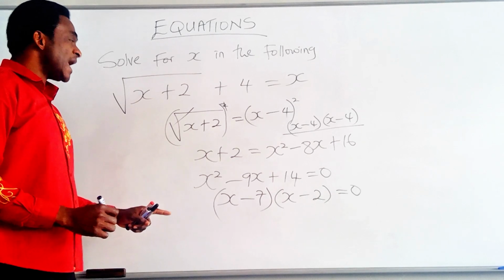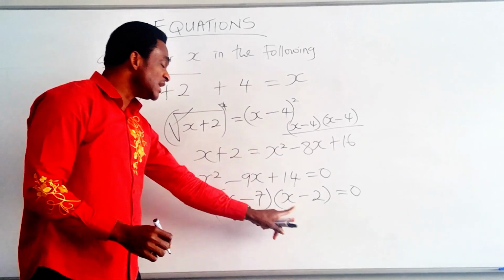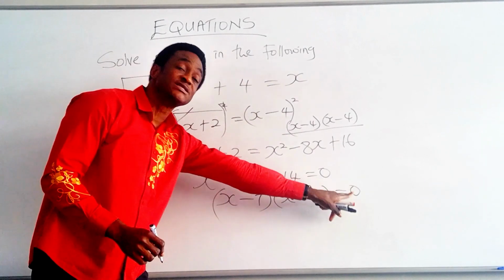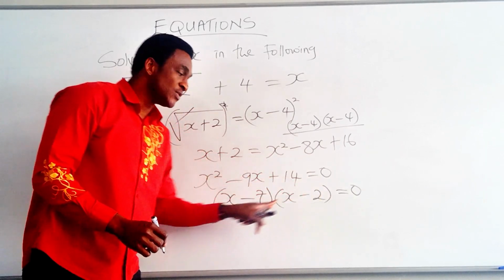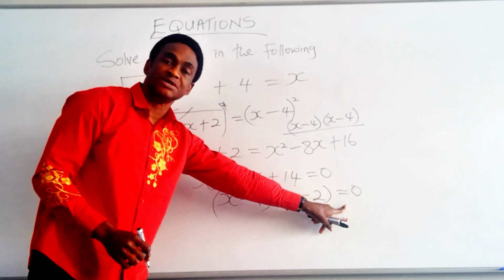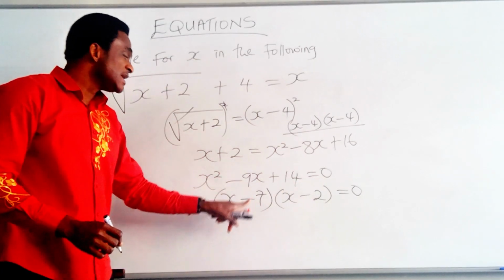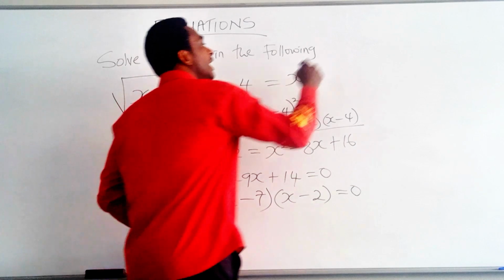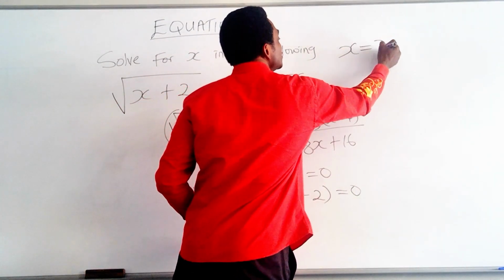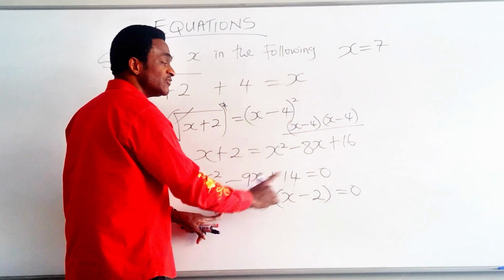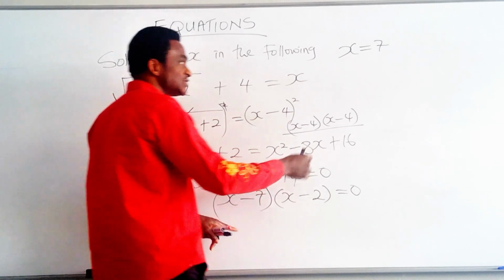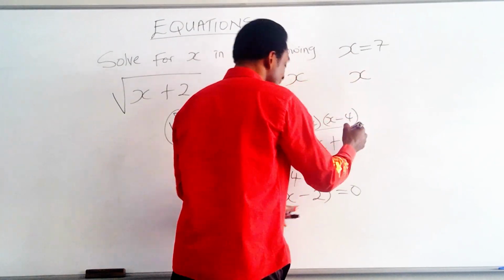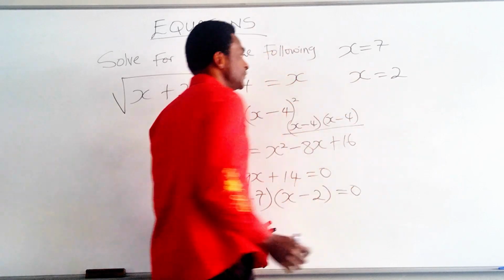So with this, I can say this is a product of factors and it is equated to 0. Now, if I equate individual brackets to 0, I will have x equals 7, because x minus 7 equals 0, and I will also have x equals 2.